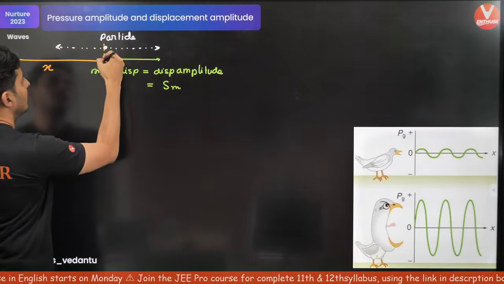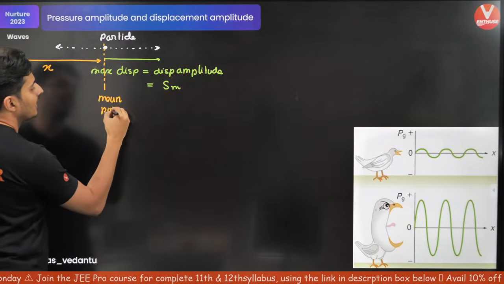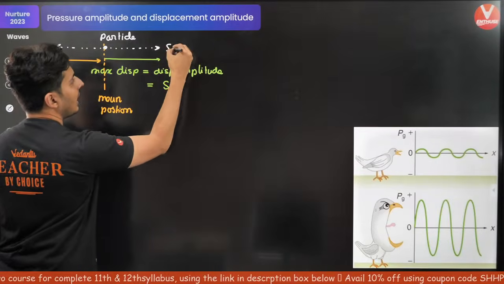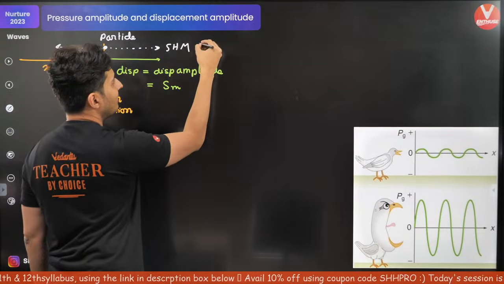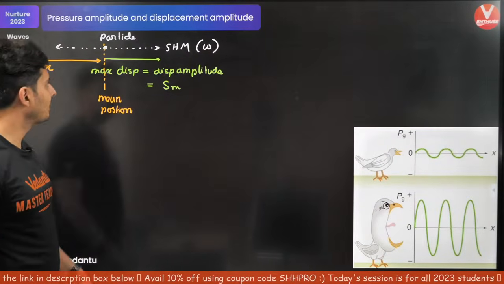Remember, this one over here is the mean position of such a particle, which is performing SHM, simple harmonic motion. When it performs SHM, obviously it will have some angular frequency, omega, which is 2 pi f.